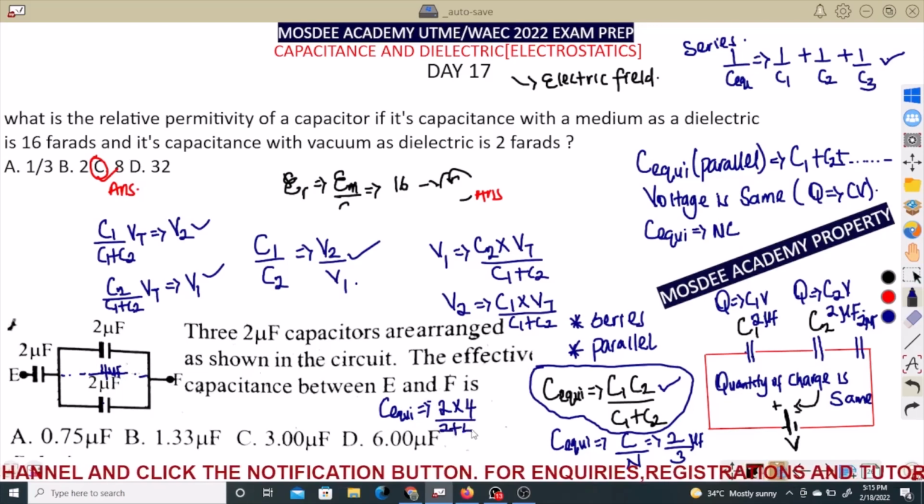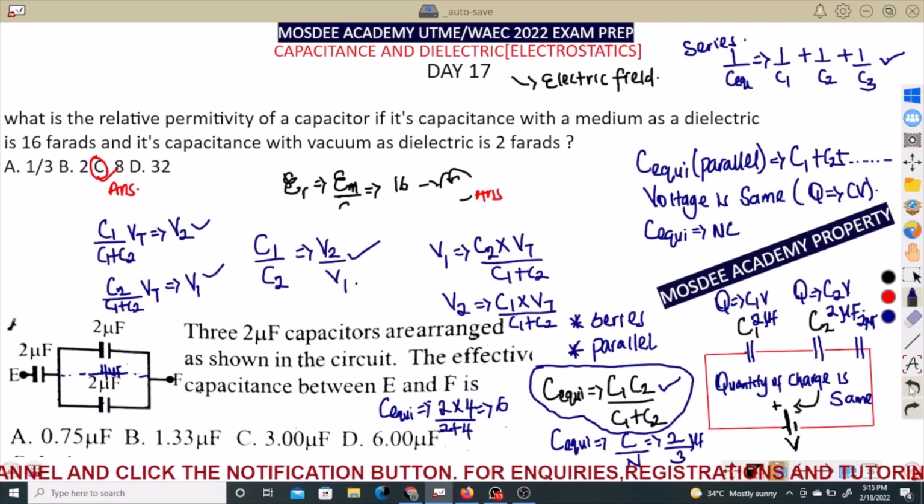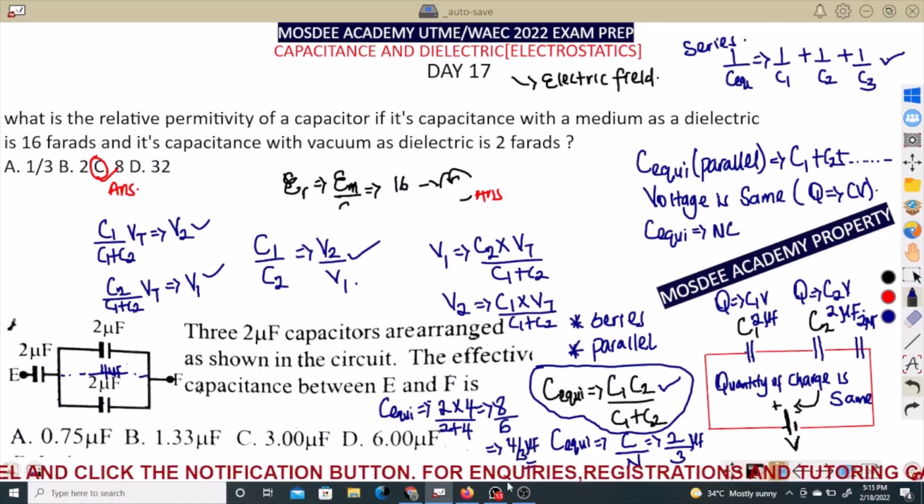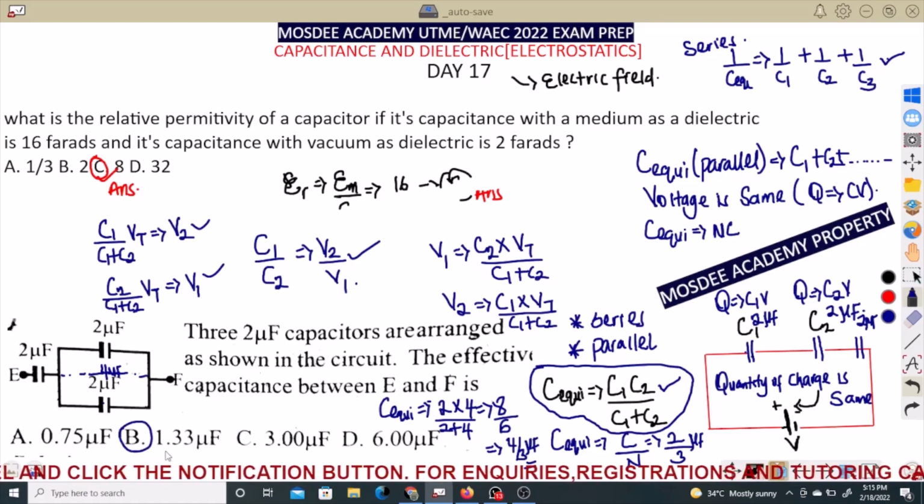Direct way, you can always do that. 2 times 4 is 8 over 6. You can always correct me. 8 over 6 is the same thing as 4 over 3, which is 1.33 repeating. So 1.33 microfarad, from the calculator. And that will make our second answer to be B.